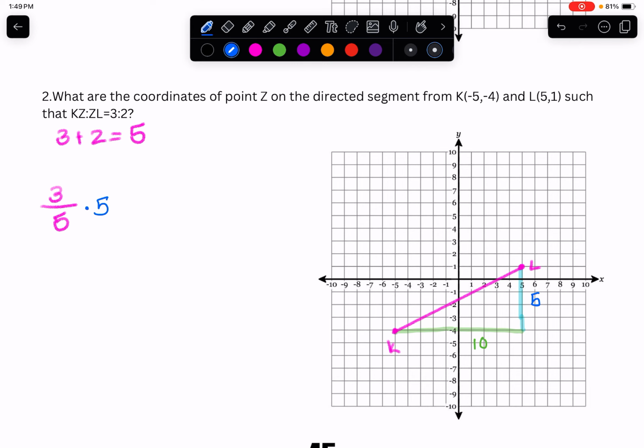We're multiplying my fraction by each of these to get my new rise and run. So my new run is going to be 6, and my new rise is going to be 3. So I'm going to go from K, I'm going to go over 6 and up 3 to get Z. Z is at 0, -2.